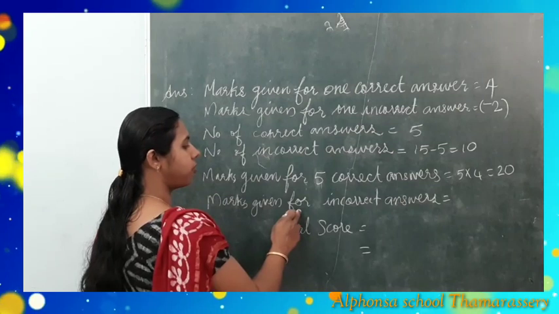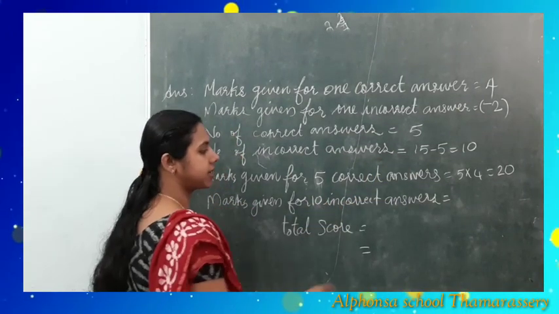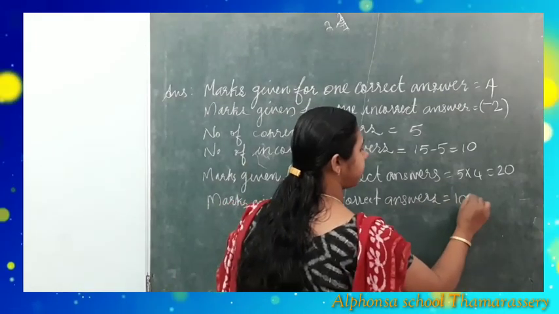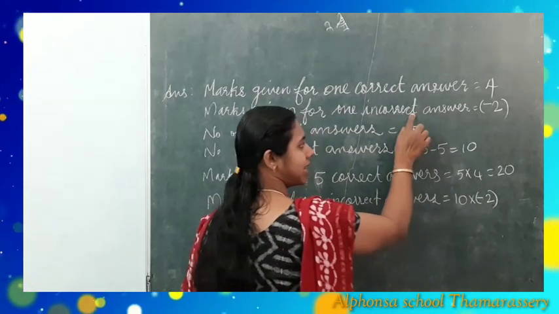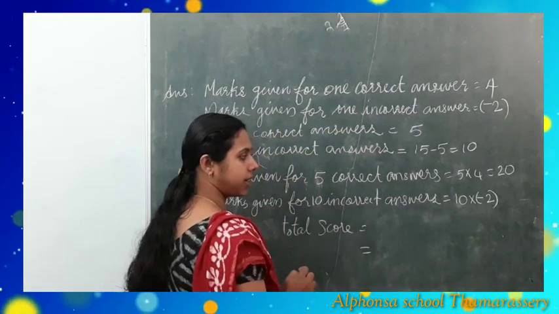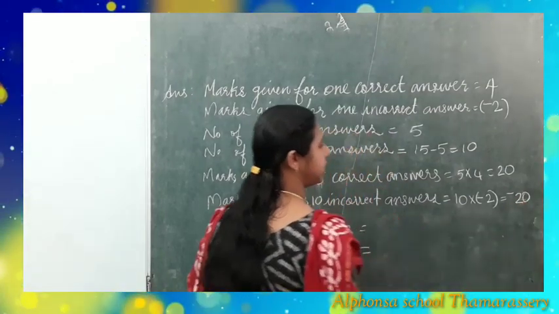Marks given for how many incorrect answers? 10 incorrect answers, that is 10 into minus 2, since for each incorrect answer minus 2 marks are given. So 10 into minus 2 is equal to minus 20.